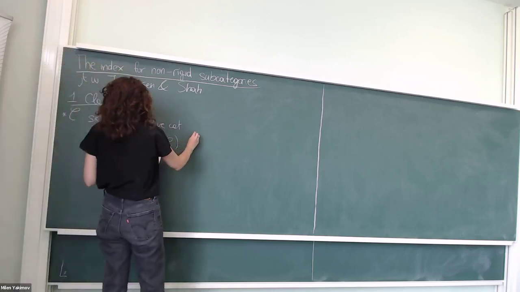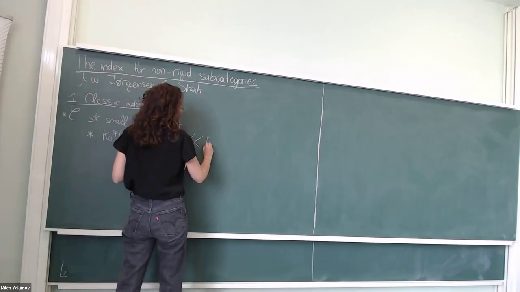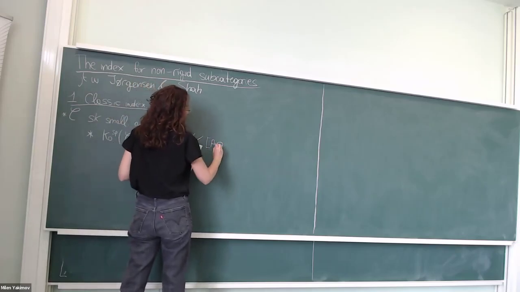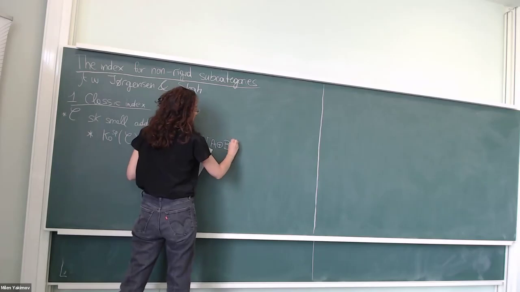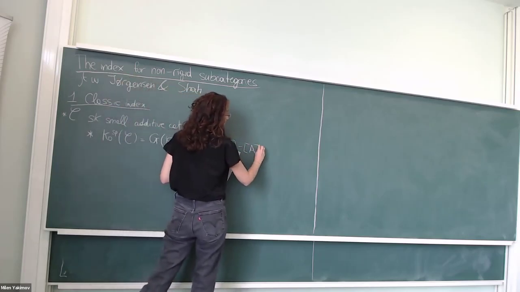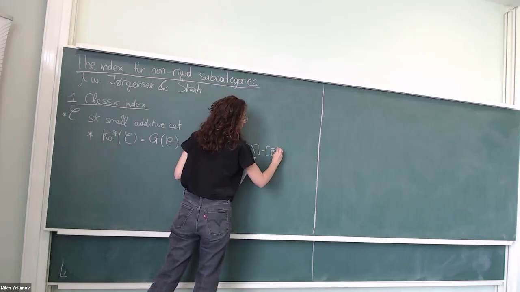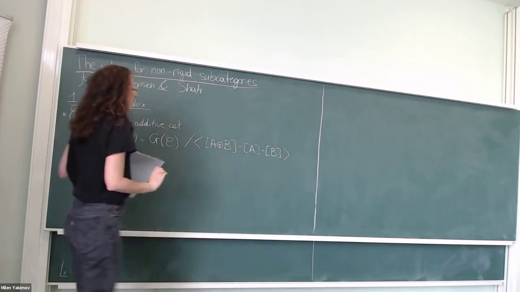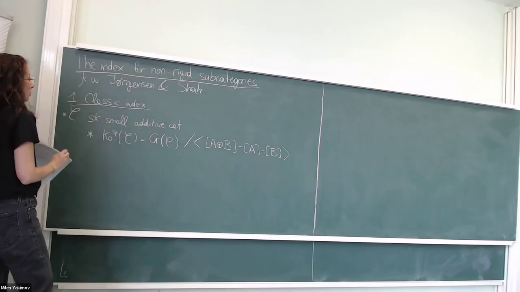And then we put some very simple relations. If we take a direct sum, its class has to be equal to the sum of the two classes, basically. So these are the sort of relations we put.